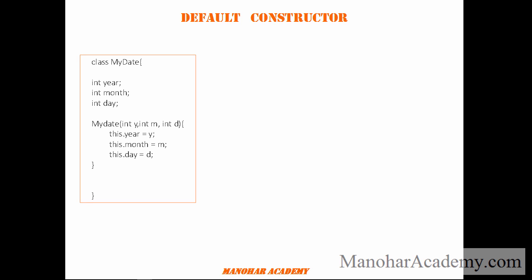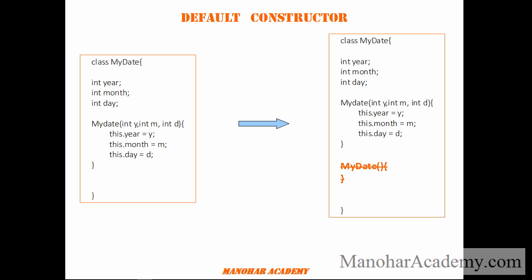Let's move on. Here I have defined a class myDate. It has the same fields, but in this case, I created a constructor myself. So we have a user defined constructor, and this constructor is taking 3 input arguments. When the compiler is trying to compile this class, it sees the constructor, and in this case it does not provide the default constructor because there is already one constructor.